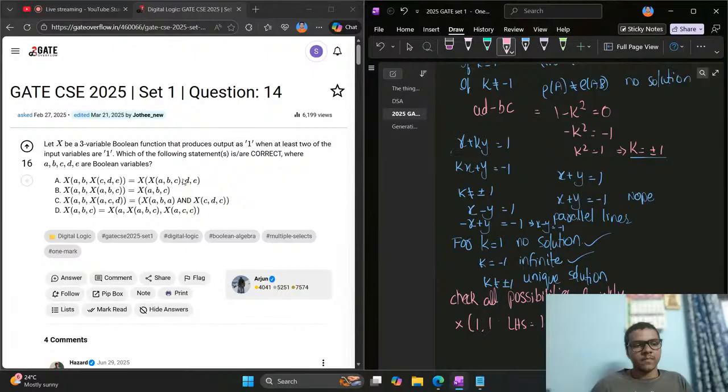But the right-hand side is dependent on D, so that is false. Let's do 1, 1 here too. So it is entirely dependent on AB, so this is true. If you do something like BC, this is 1 and this is 1, that's good.